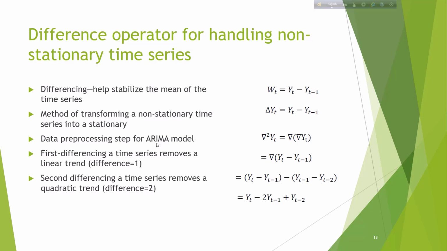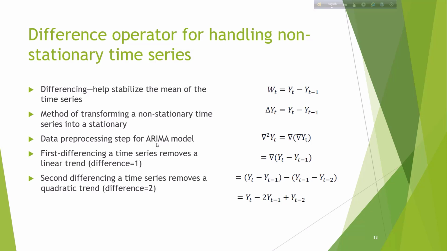Now the difference operator for handling non-stationary data. Stationarity is a desirable property of time series analysis, because if our dataset is non-stationary, then we cannot predict the data. So before making an ARIMA model or before forecasting, we need to make our data stationary, because in non-stationary data, the mean and variance change over time.